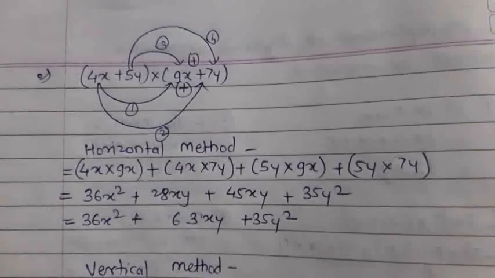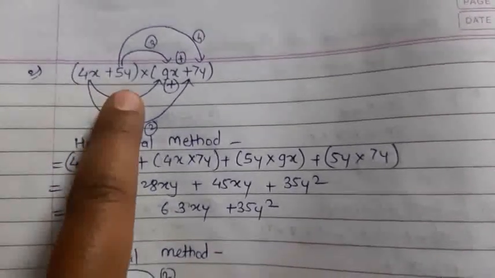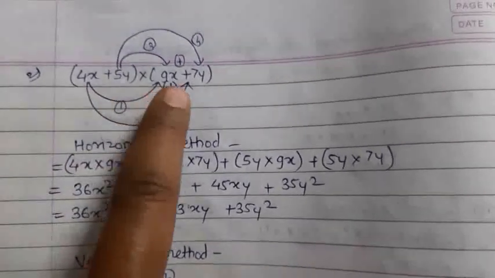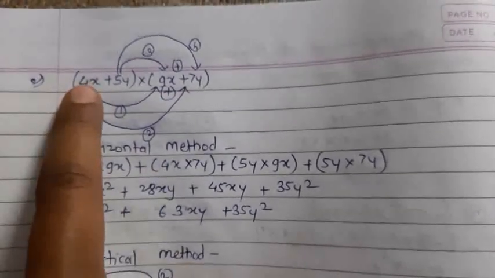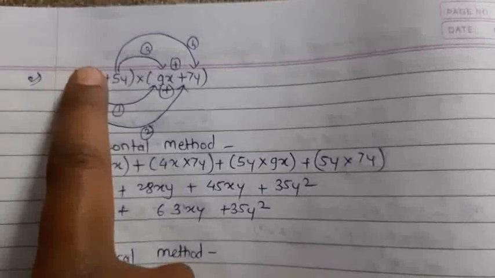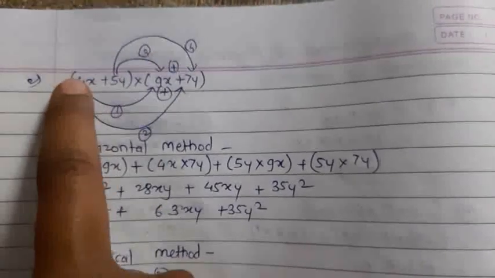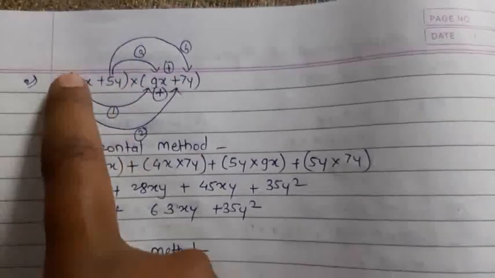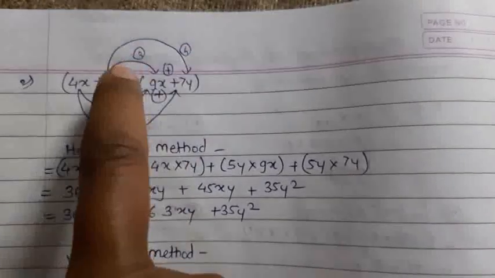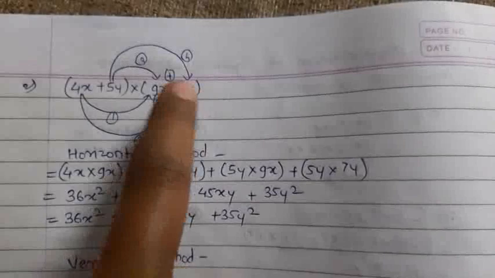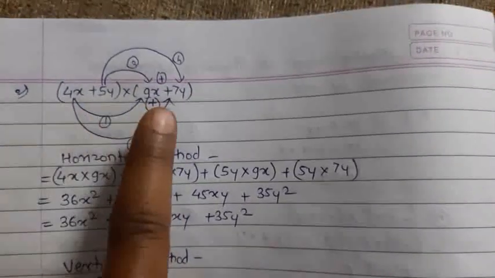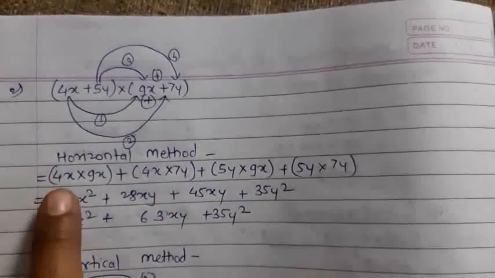Next example, see, 4x plus 5y is the first binomial and 9x plus 7y is the second binomial. So here, first we will multiply the whole bracket by 4x. This is the first step, second step, then third and fourth step. Both contain plus sign, so everywhere plus sign.